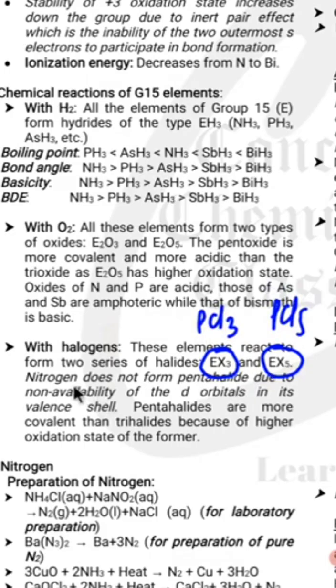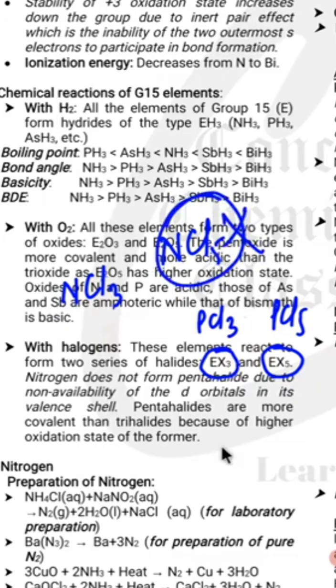Nitrogen does not show EX5; nitrogen has NCl3, but NCl5 does not exist. This is due to absence of d orbitals in nitrogen. So nitrogen does not form pentahalide due to non-availability of d orbitals in its valence shell.